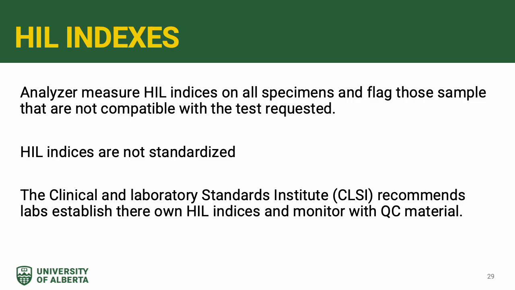To identify samples that contain the endogenous interferents, hemolysis, icterus, and lipemia, manufacturers of biochemistry analyzers, such as Beckman and Roche, use multiple spectrophotometric measurements. These measurements are known as HIL indices. Unfortunately, the biomedical industry has not standardized these indices.